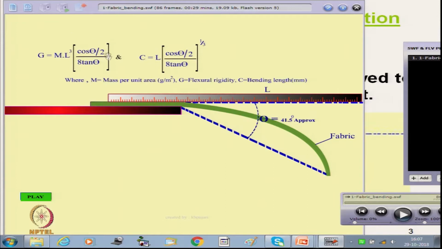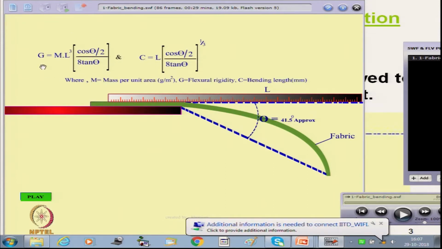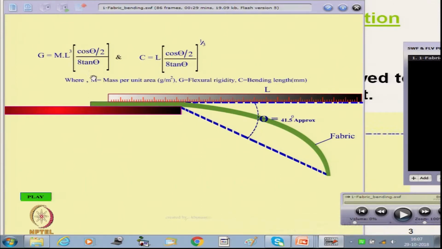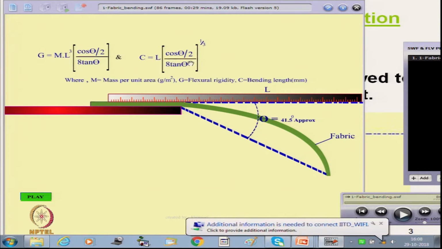With this equation, G equals M multiplied by L cubed multiplied by cos(theta/2) divided by 8 tan theta, where theta is the angle which the tip point of the fabric makes with the horizontal plane, and C is the bending length, which is equal to L, the overhanging length, multiplied by the cube root of cos(theta/2) divided by 8 tan theta.